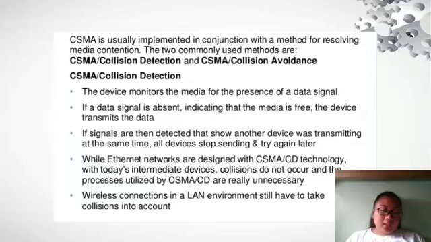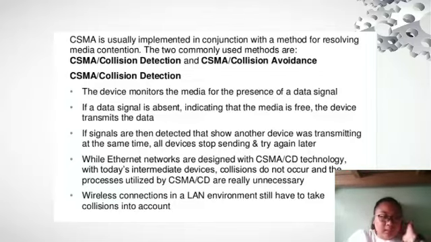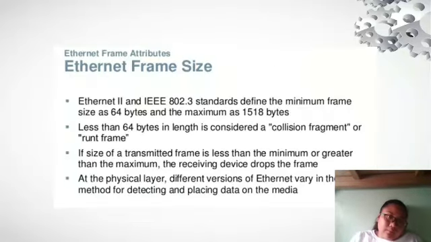While Ethernet networks are designed with CSMA/CD technology, with today's intermediate devices, collisions do not occur and the process utilized by CSMA/CD is really unnecessary. Wireless connections in a LAN environment still have to take collisions into account.